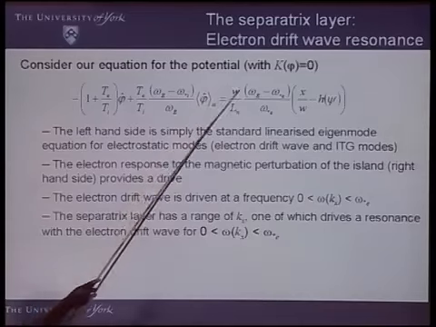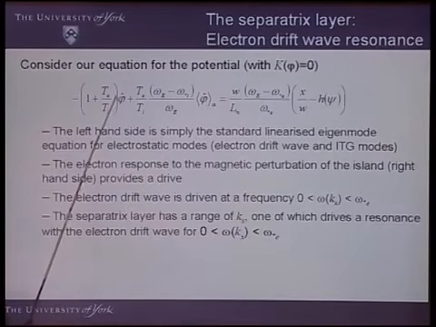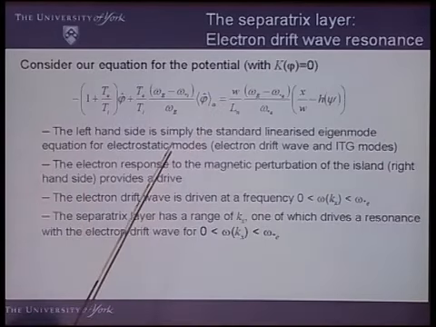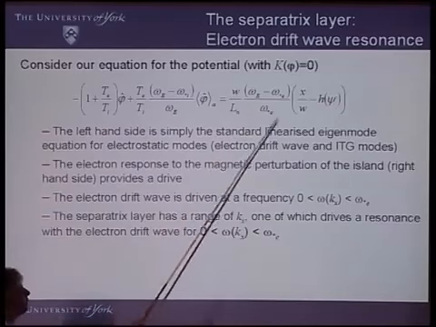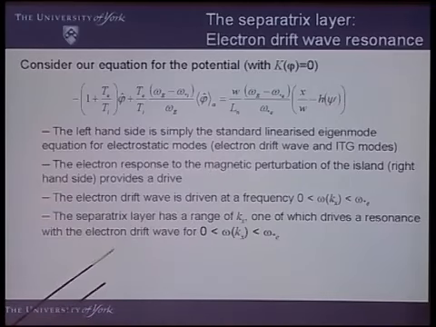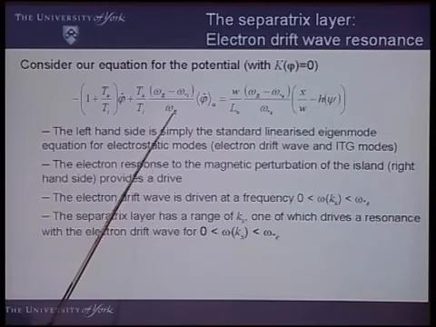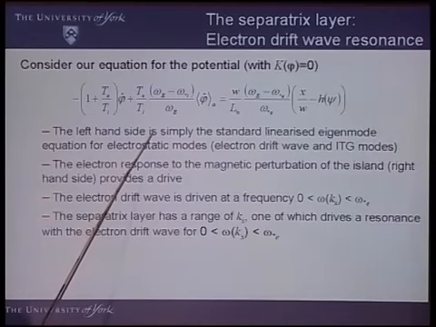So this equals 0 is exactly what you'd write down for standard electrostatic linear instabilities, ITG and electron drift wave, from this side, but it would normally be equal to 0. But now it's equal to a drive because of the electrons responding to the magnetic perturbations. So we know that this has electron drift waves associated with it, which are excited at certain Ks, a certain K radials, in a certain omega range.